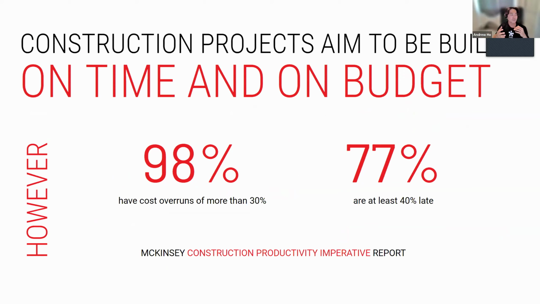The McKinsey Construction Productivity Imperative Report, which is a mouthful, paints a very poor reflection of the success of projects around the world. This is sampling over 1,000 projects. Within those 1,000 projects, they found out that 98% had cost overruns and 77% were late. Why? We'll find out.